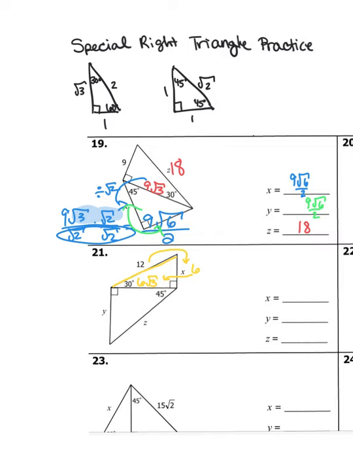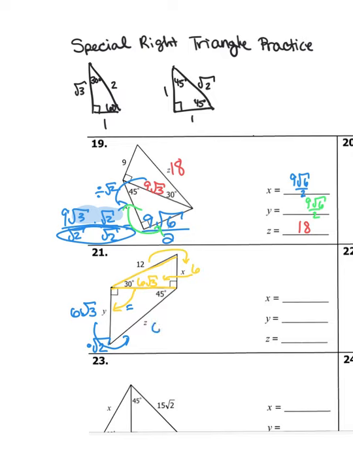In this case, this side of my 30, 60, 90 triangle is the leg of my 45, 45, 90. So these two sides are equal to each other. So this is also 6 square roots of 3. What do I do to go from my leg to my hypotenuse? I'm going to multiply by the square root of 2.